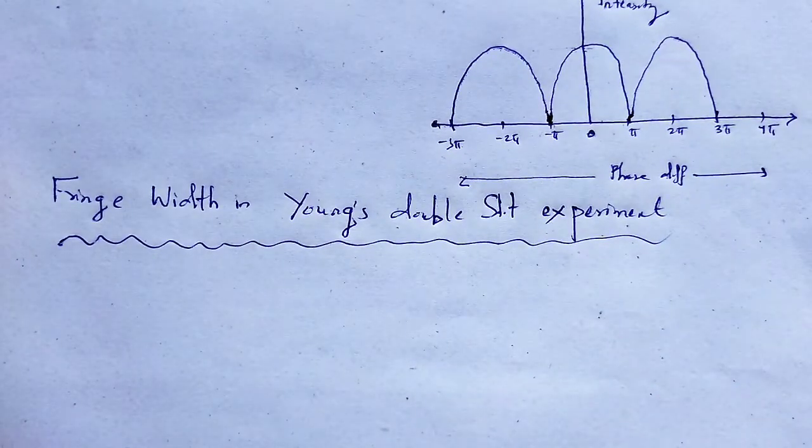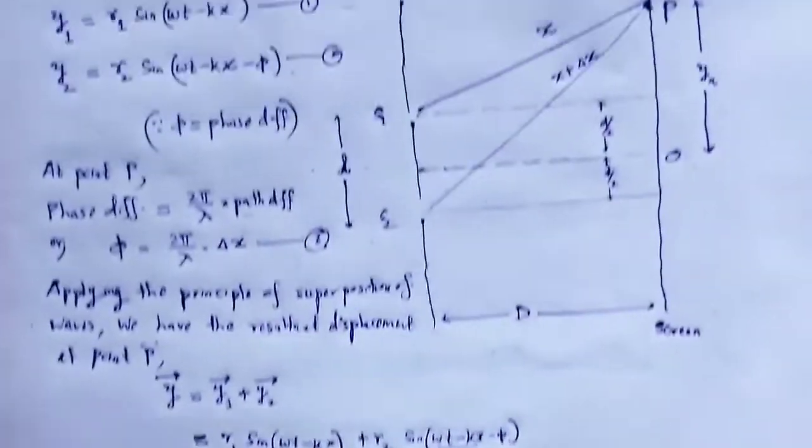Fringe width is the distance between any two consecutive bright fringes or consecutive dark fringes. Let me look at the figure as we used here.